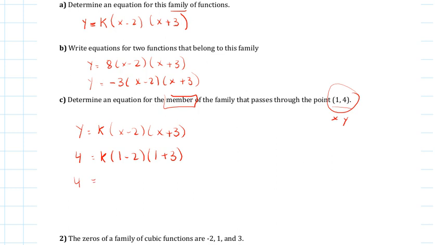So in this case, it's 4 equals negative 4k. So k equals negative 1. And then you have to write the equation, which is y equals negative (x minus 2)(x plus 3). And that would be your final equation.